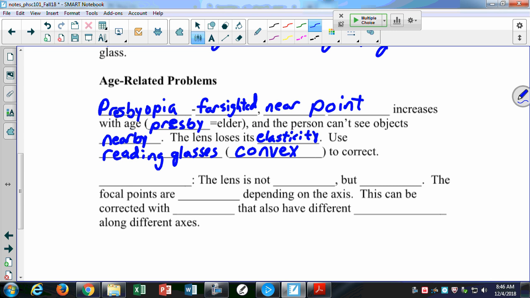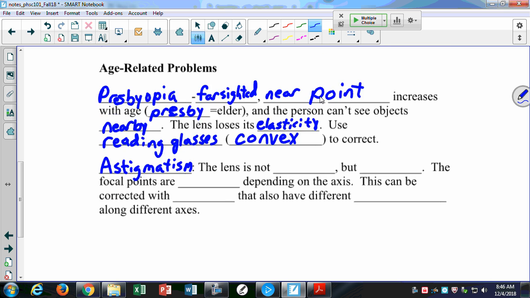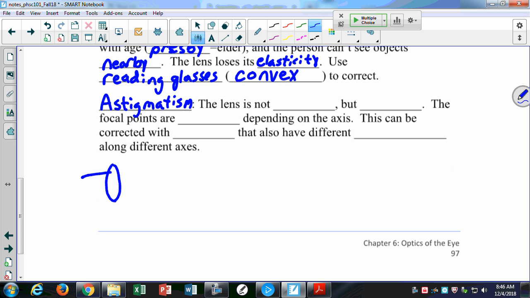And then astigmatism. Usually, with a lens, you only have one focal point. But with an astigmatism, the lens might have a focal point there, but then you might also have a focal point here, a focal point here, you'll have all sorts of different focal points.